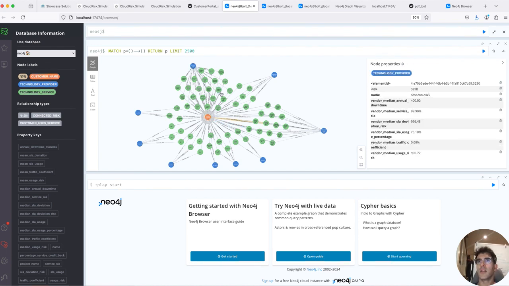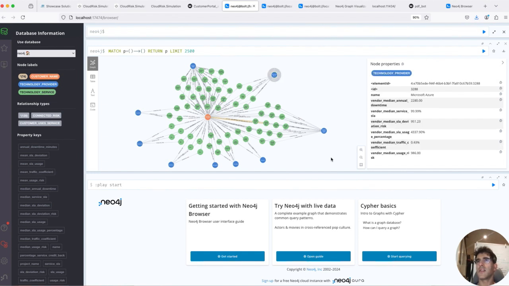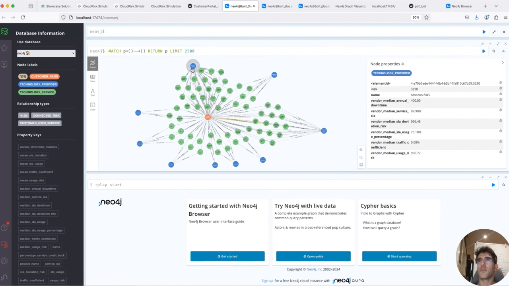Every single service has its risk SLA, whether the service SLA is being met or not by the service, and its medians. So you can cross compare technology provider AWS to Google or Microsoft Azure, and have an idea of which of your cloud providers might be more suitable.